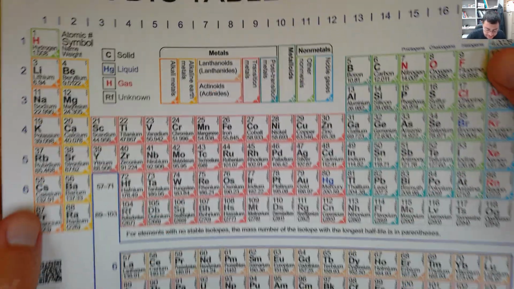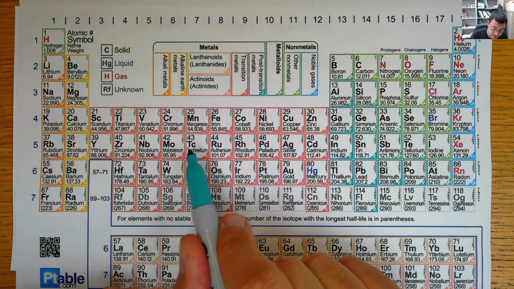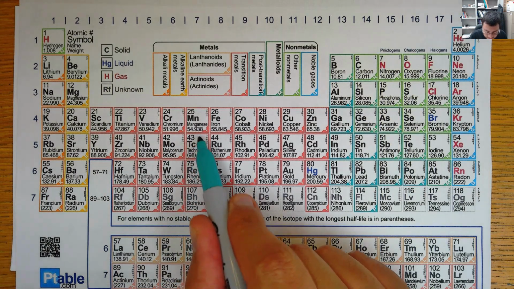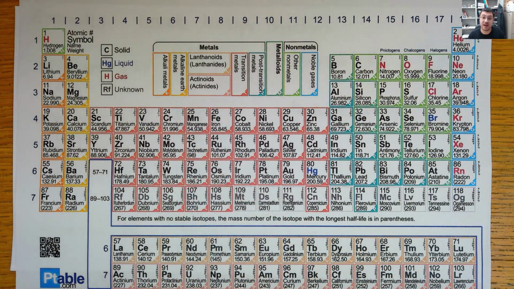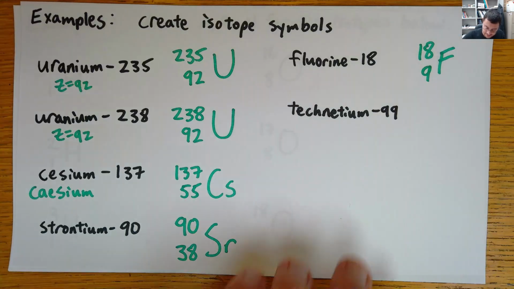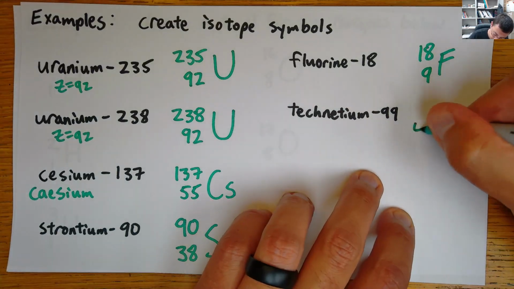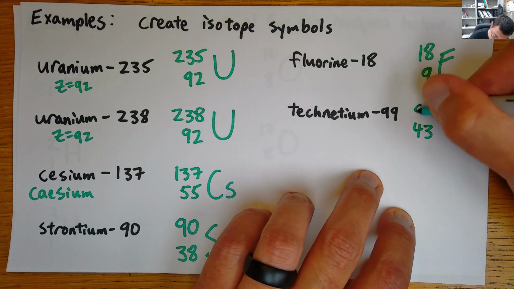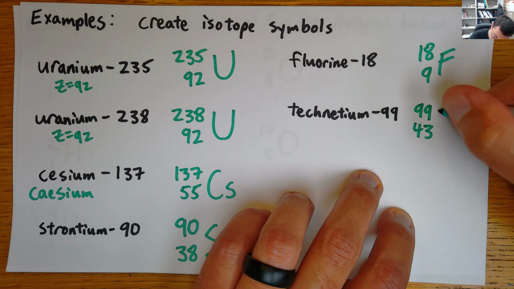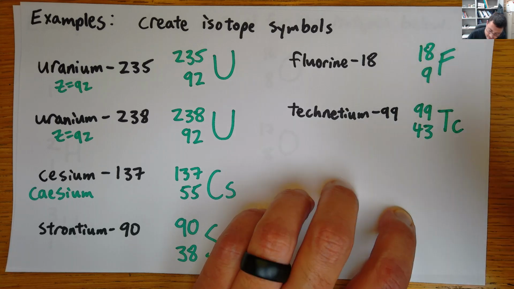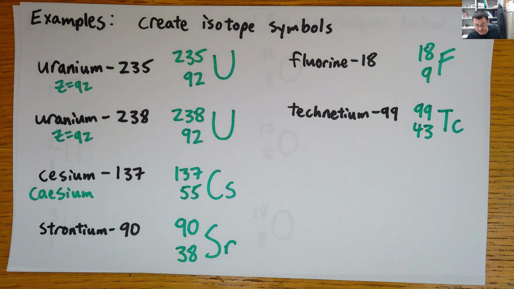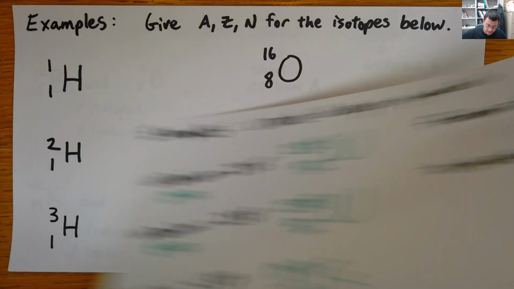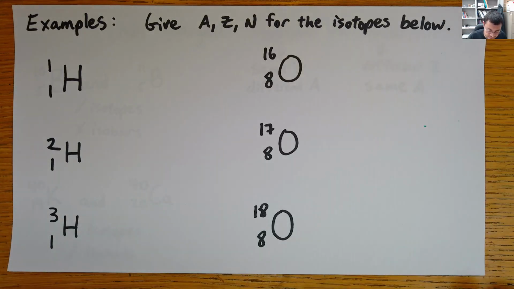Technetium is the first artificial element appearing on the periodic table. 43 is the earliest instance you have that. And there's technetium 99. All right, let's move to these examples.